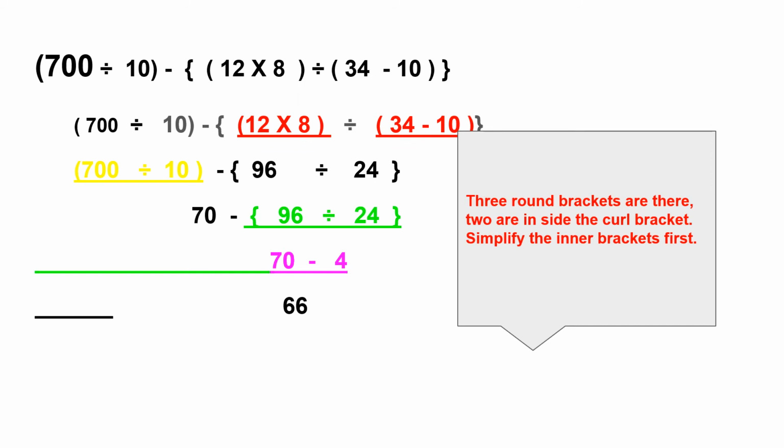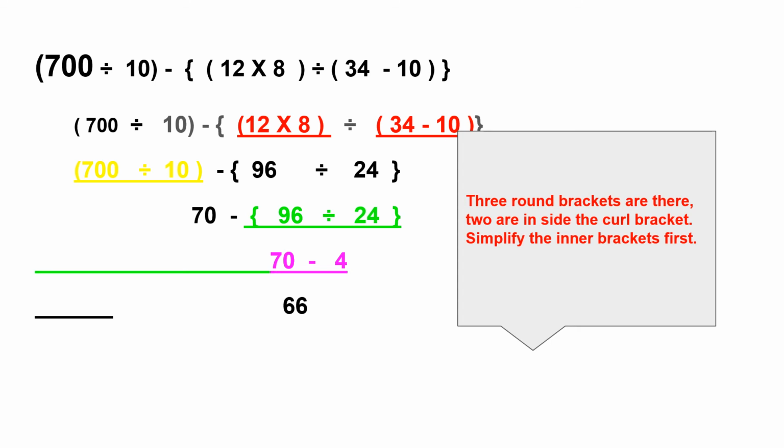In this question, we can see two brackets, round bracket and curly bracket. We will solve round bracket first. 700 divided by 10, 12 multiplied by 8, 34 minus 10. All three numbers are in round bracket.